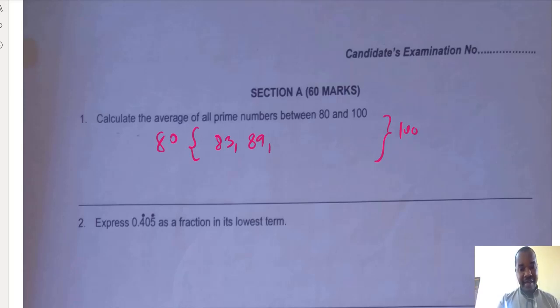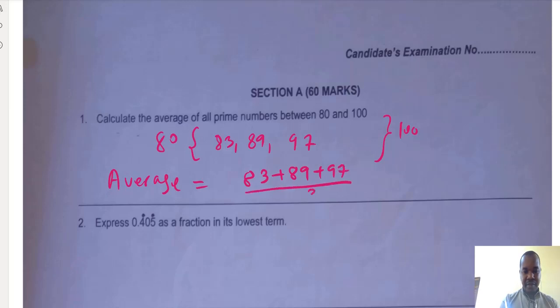So the average of these three numbers is 83 plus 89 plus 97, then you divide by 3.